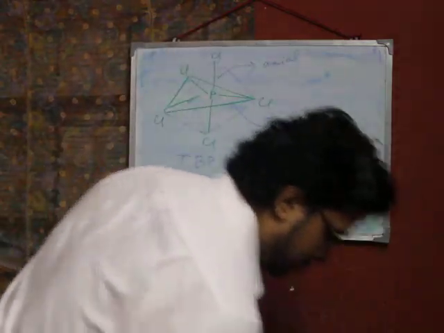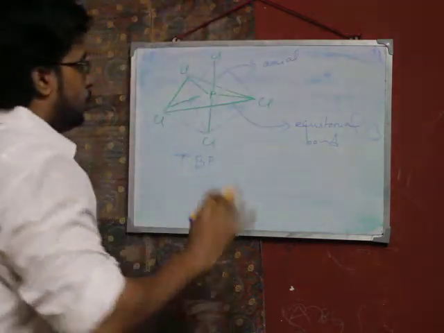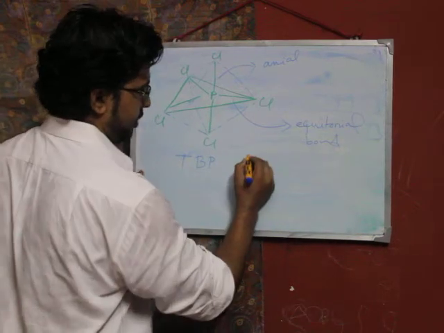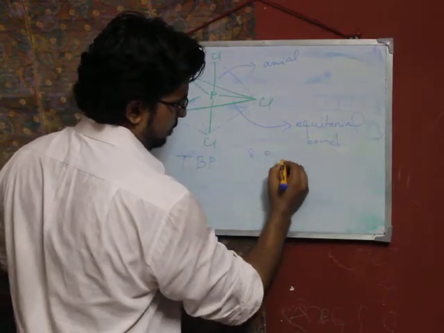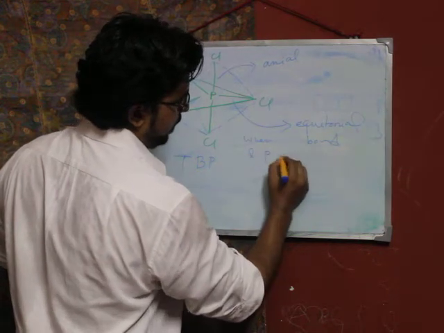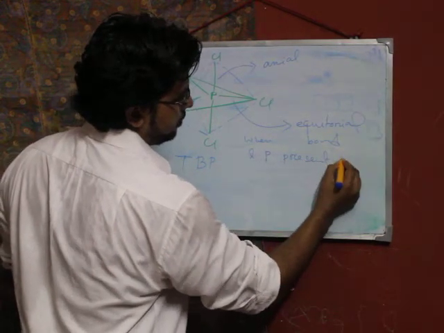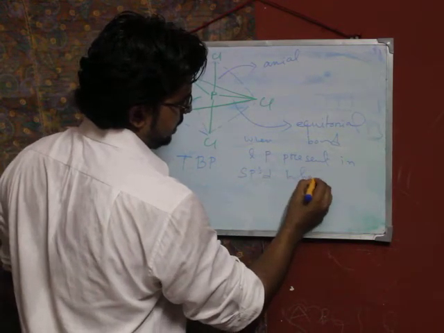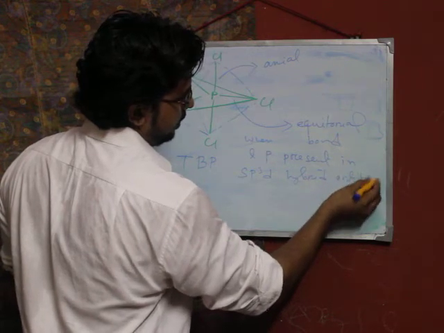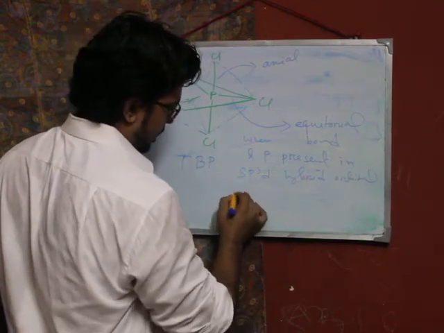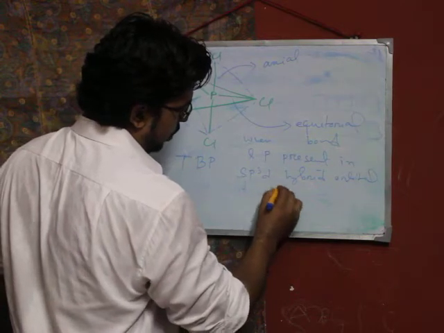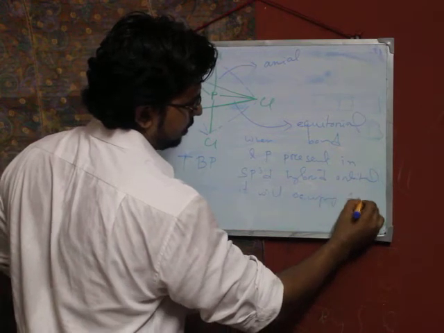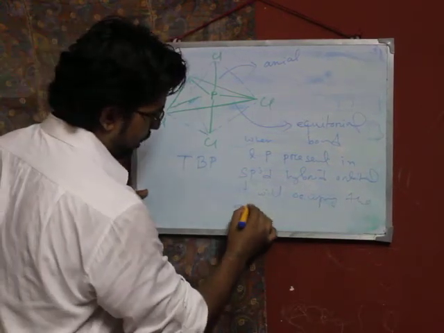Now one question: when a lone pair is present in sp3d hybrid orbital, it will occupy the equatorial position.